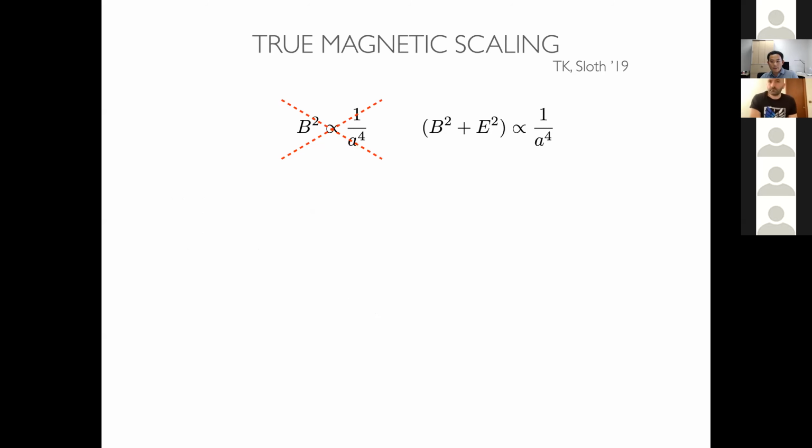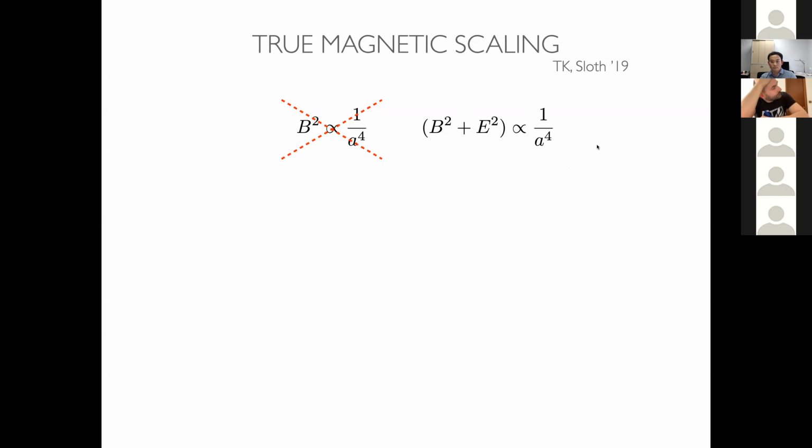Sure. So I think I should go back. The point is that the energy density of the gauge field is the sum of the magnetic and electric field. Yes. And so this sum goes down like a⁻⁴. So in this sense, I see the total composite is still radiation. Yes. But when you look at individual components, if you want to mimic this 1/a⁶ kind of behavior with some other field, something has to do it, right?